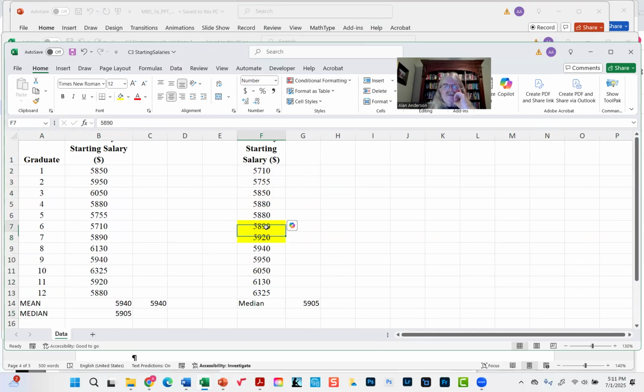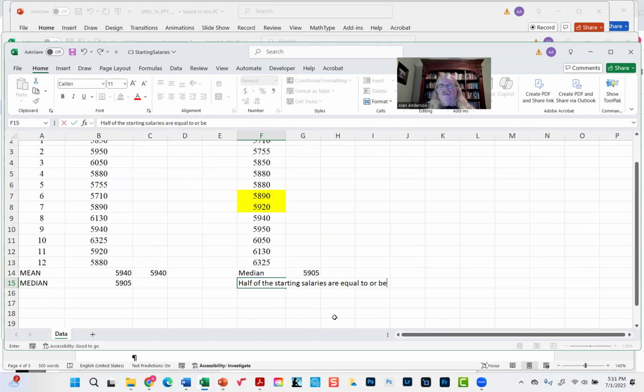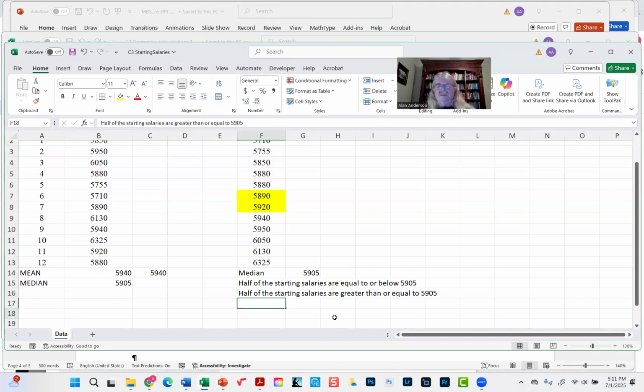So halfway between these 2 points is 5905. And that means that half the salaries are equal to or below 5905. Half of the starting salaries are greater than or equal to 5905. And that's what it means to be the median.